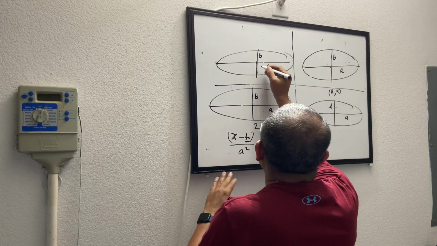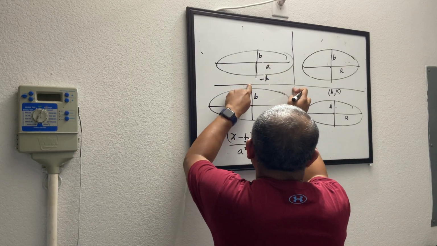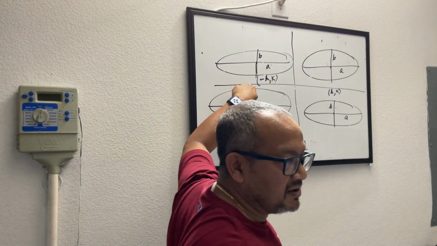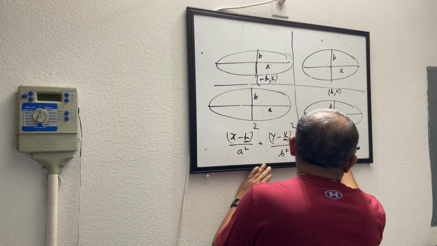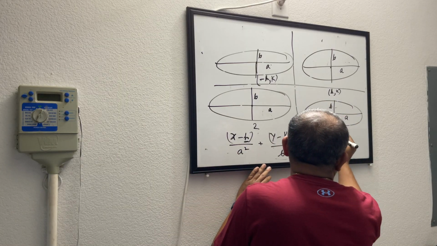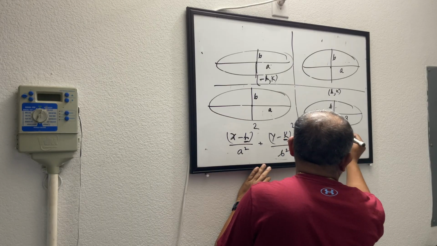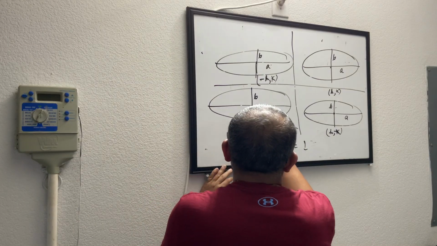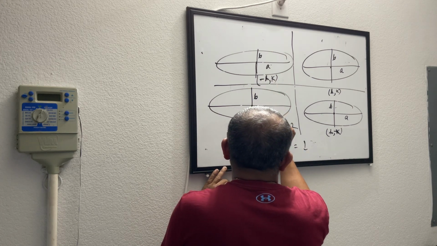In this case, the coordinates of the center would be minus h, same length but on the negative side, but the same positive k. In this case, my x is positive, so the x coordinate of the center would be h, but k will be minus k. In this case, both are on the negative side, so the x coordinate is minus h, and the y coordinate is minus k.